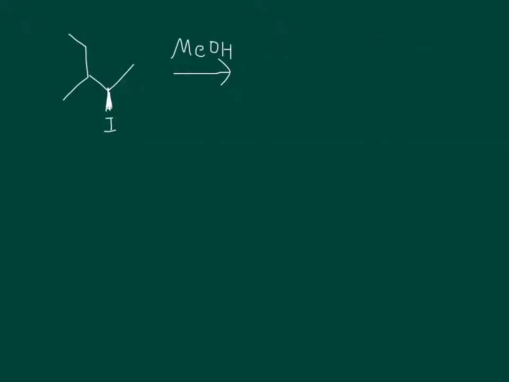Let's do another problem and see some of the other concepts that go hand in hand with the Sn1 mechanism. And as always, you should be asking yourself before you begin a problem, what are we working with? Well, looking at our starting material, or the molecule we're given, we can see that we have a pretty good candidate for a leaving group, and also that we have some chirality here.